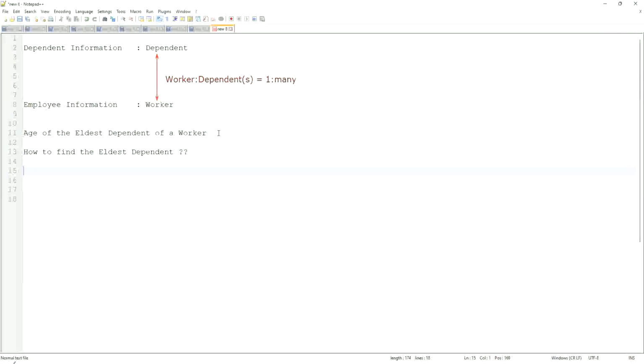First of all, we will find it on the basis of the age of the dependent. Correct. And then if I'm going to find the eldest, what can I do? Can I sort it in some manner and then take one? Let's say you have the ages like 10, 15, and 42.